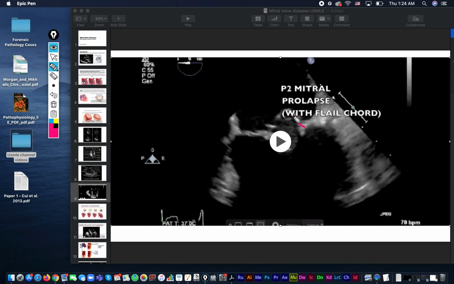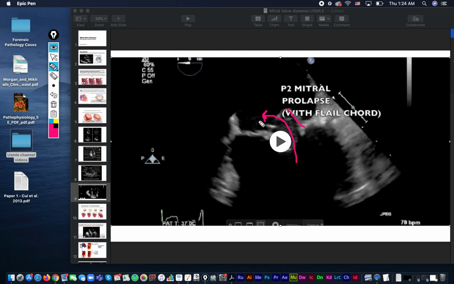The leaflet goes into excursion, which means simply it doesn't coapt like it should, because you don't have the chordae tendineae to keep it from moving forward. And in this case, what you would have is an eccentric jet flow regurg going opposite of the diseased leaflet.